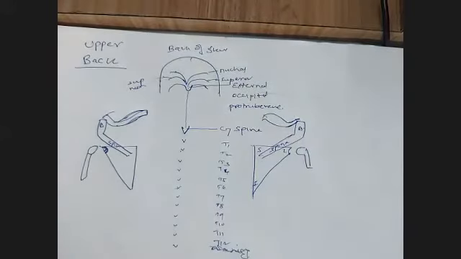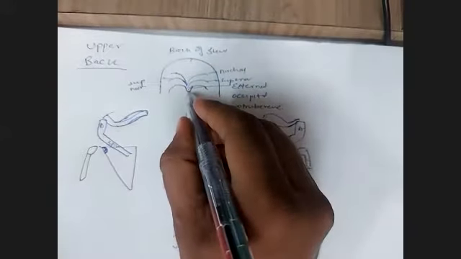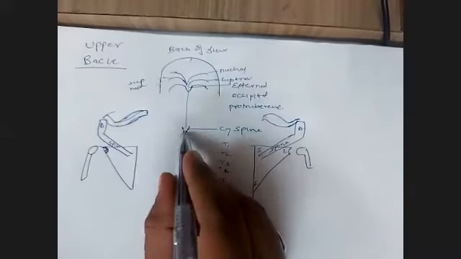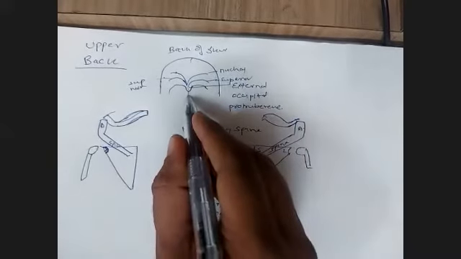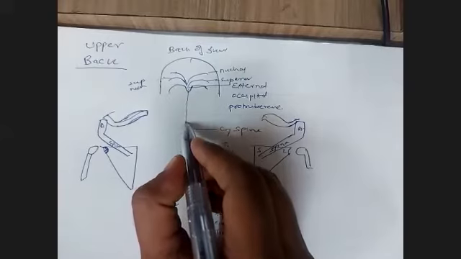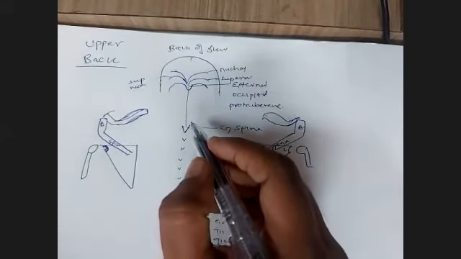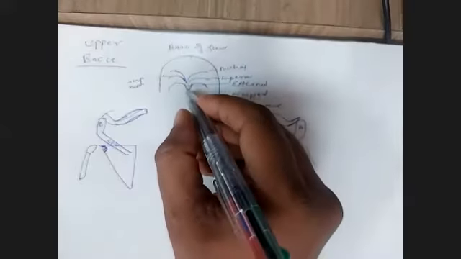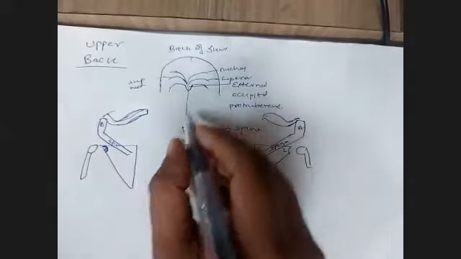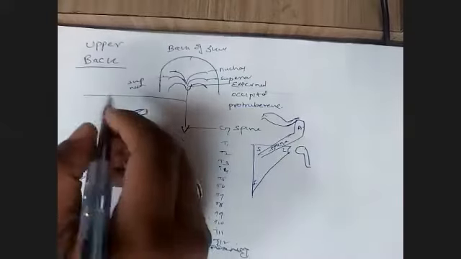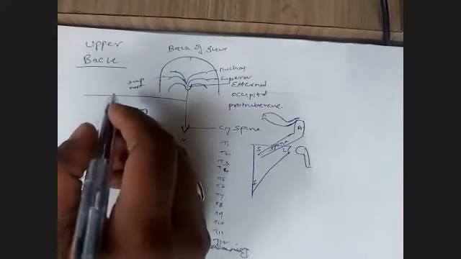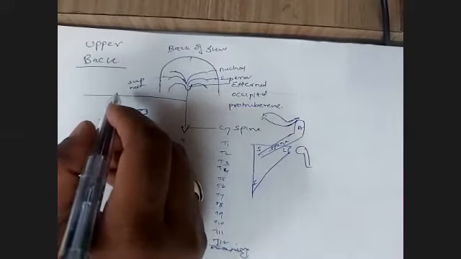Here I have drawn the external occipital protuberance and here I have drawn C7. In between will be C1, C2, C3, C4, C5, C6, but we don't see them because they are buried under a ligament called the ligamentum nuchae.